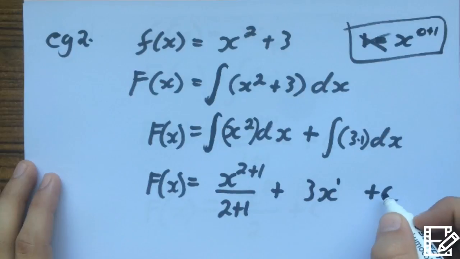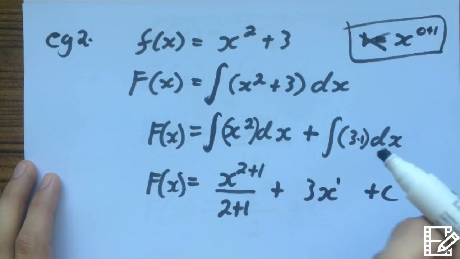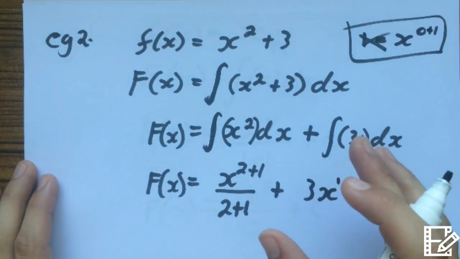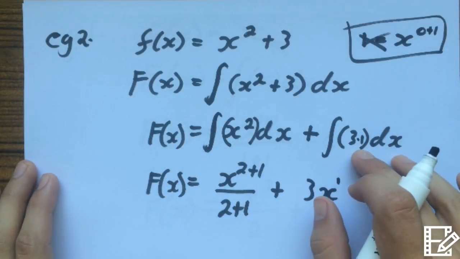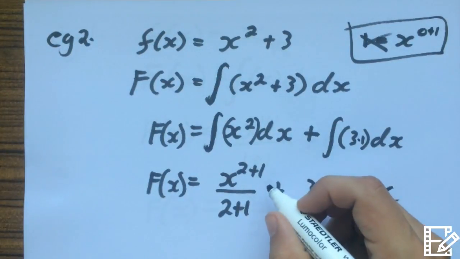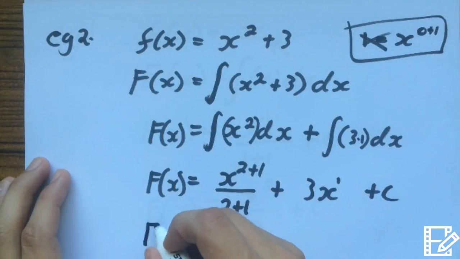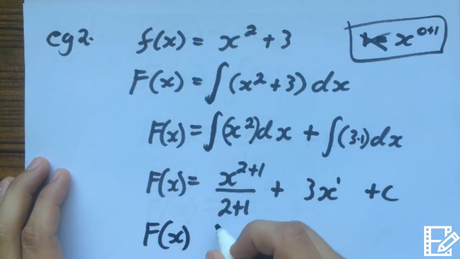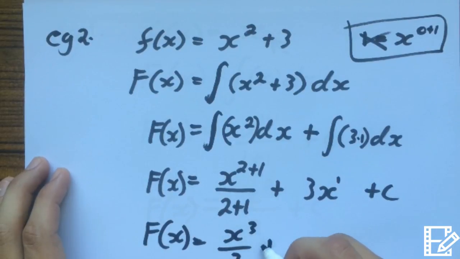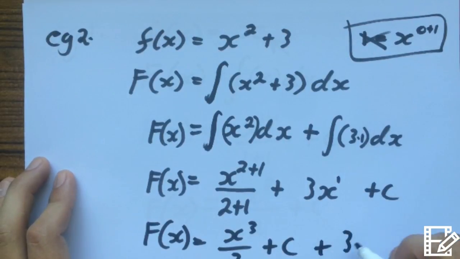And the reason I didn't add a plus c to this side when I integrated and to this side is because you only need 1. The idea is you can have several of them in here, but you just add c on the end. You can add c here, like this would be right too. If I was to simplify this, x to the power of 3 on 3, I could have plus c, and then I could add 3x plus, we'll use d.